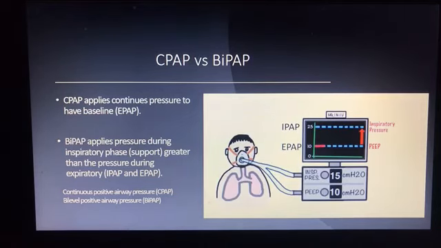CPAP applies continuous pressure to have a baseline. BiPAP applies pressure during the inspiratory phase greater than the pressure during the expiratory phase. Continuous positive airway pressure CPAP, bi-level positive airway pressure BiPAP.